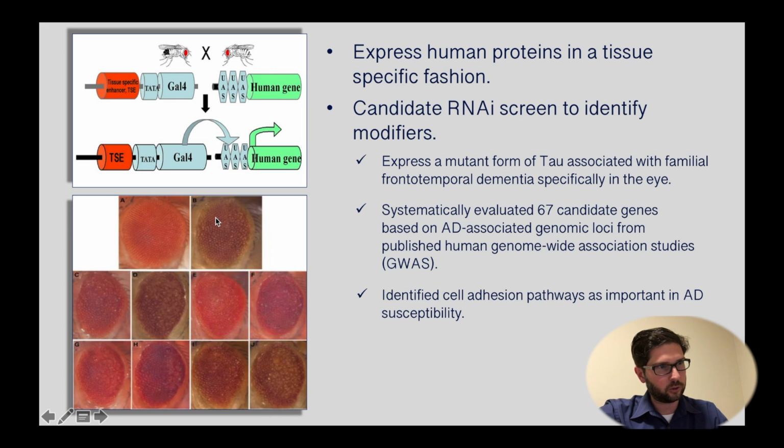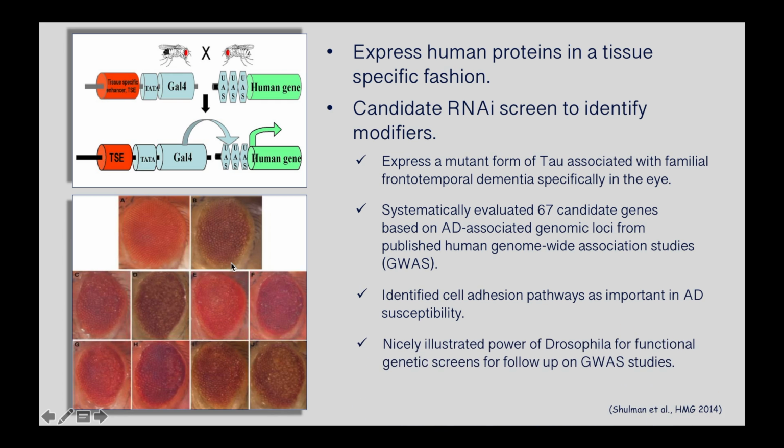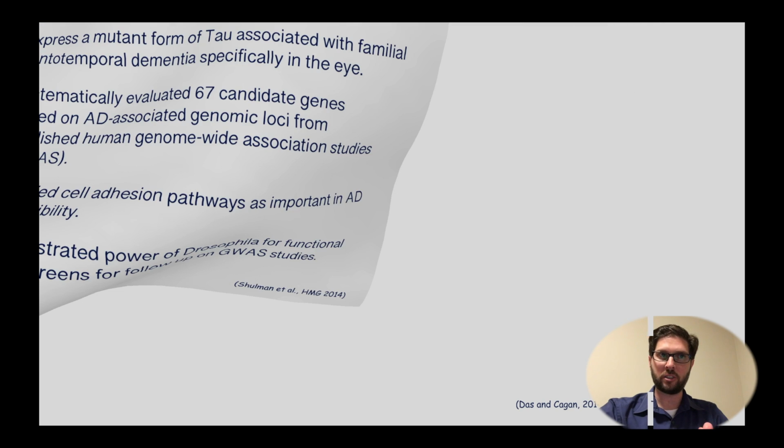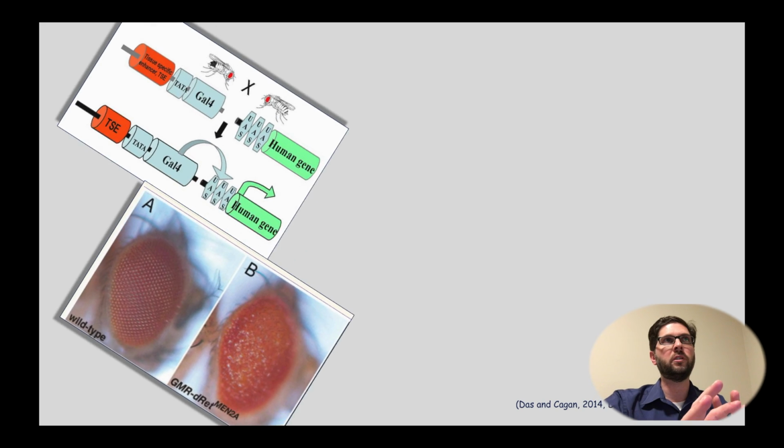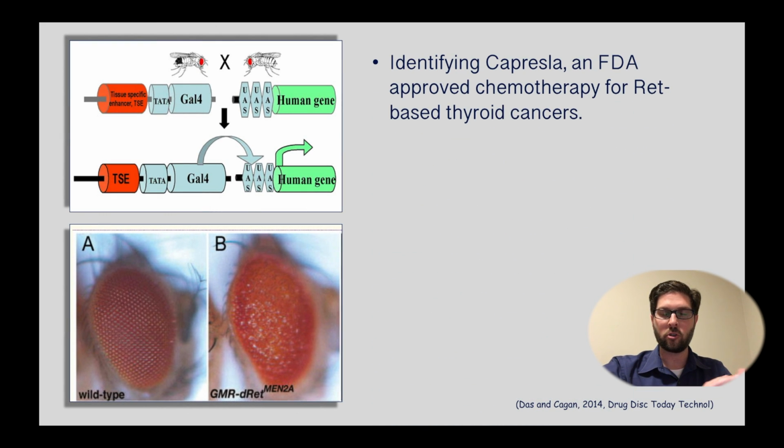And you can see in panels C through J, co-expression of RNA interference transgenes to knock down these 67 candidate genes in the same tissue as expressing this mutated tau causes an enhancement of this phenotype. And this nicely illustrates the power of Drosophila for functional genetic screens following up on human GWAS studies, moving from humans to Drosophila.